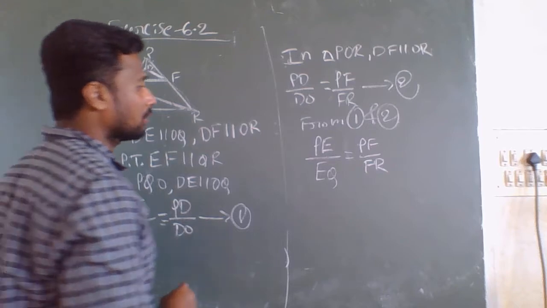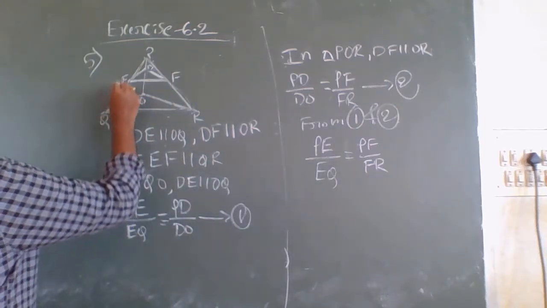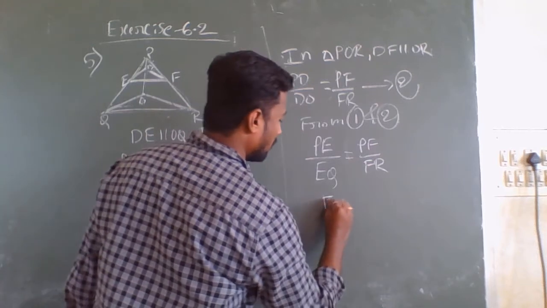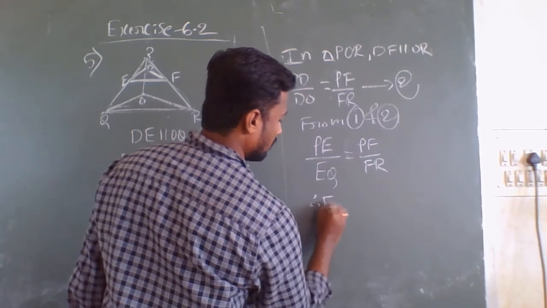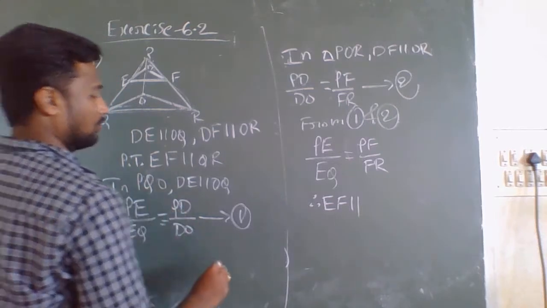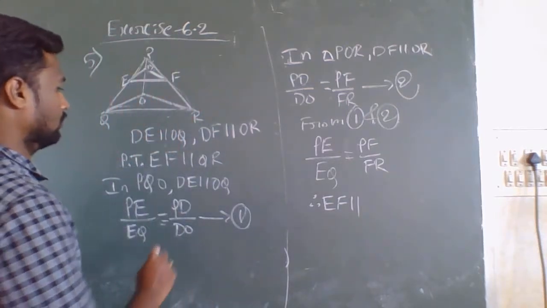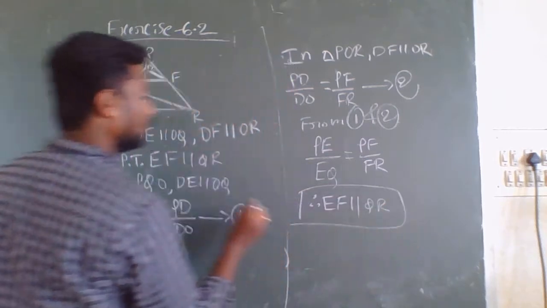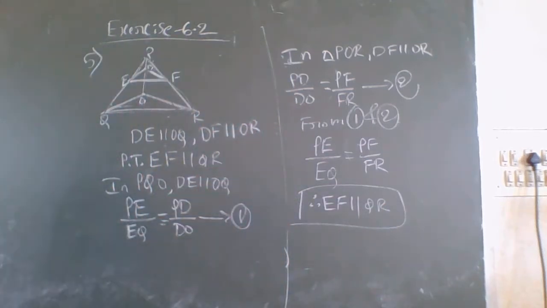Therefore, line EF is parallel to QR. So we proved EF is parallel to QR.